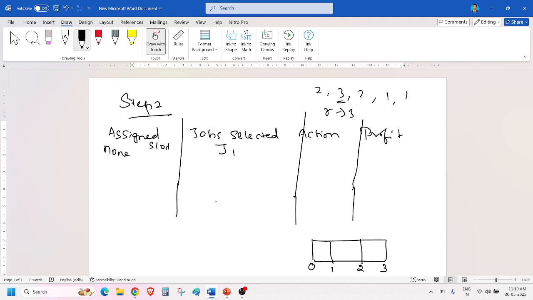The formula which I have taught you is R minus 1 comma R. So what do you get, 3 minus 1 is 2, so 2 to 3. So job 1 is allocated here.